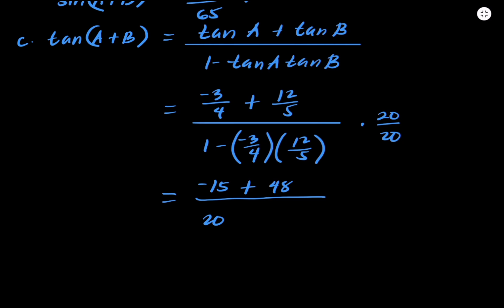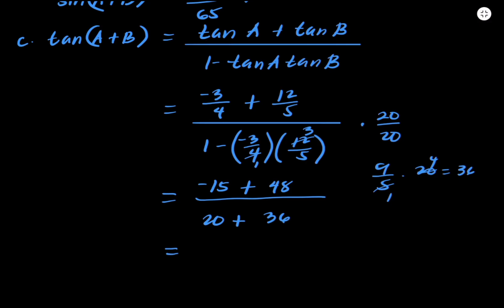Okay, so plus, negative times negative becomes positive, right? So positive or plus, and we can cancel this out. This is 1 and this is 3. So negative 9 over 5 times 20, this is 1, this is 4, and this is 36.